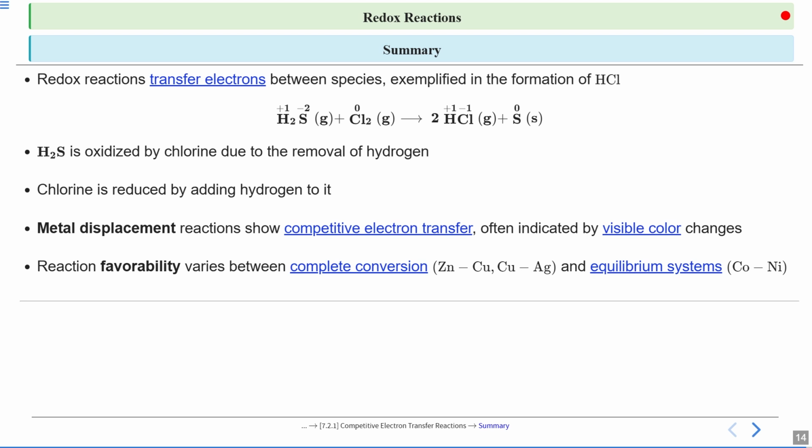There are also many other factors, and the most important one is the standard reduction potential, which we will study in the upcoming lectures: what standard reduction potential is, and how it between the reacting species plays a major role in determining the extent of reaction.